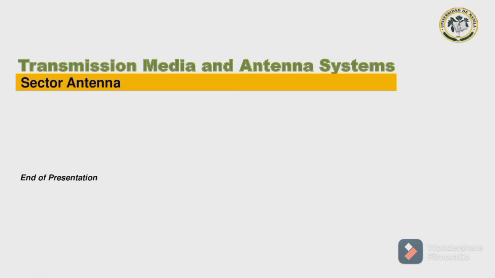A sectorized antenna is a common name for such a structure, though sector antenna is often used for brevity. It has several angularly separated sector antennas, as shown in the figure.